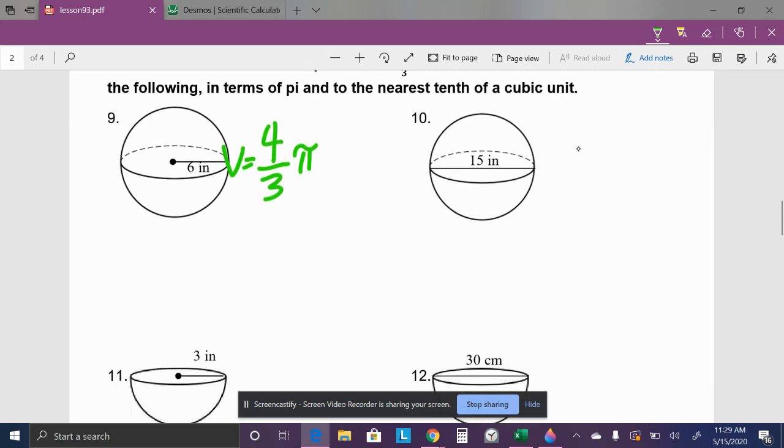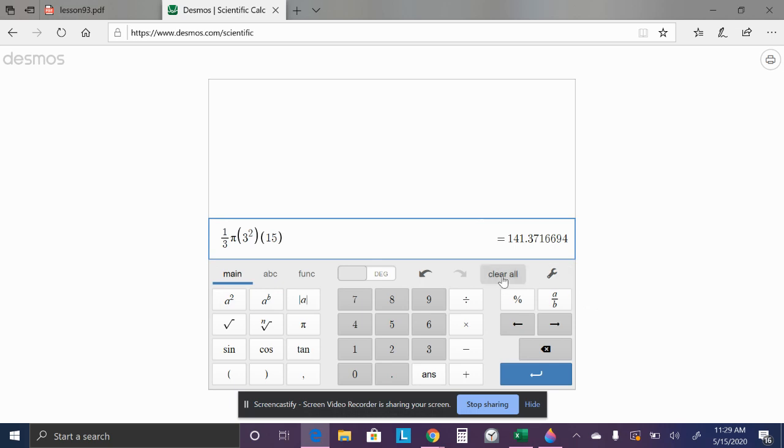So it's 6 cubed. So let's put that in the calculator. 4/3 pi r, which was what? 6 cubed.